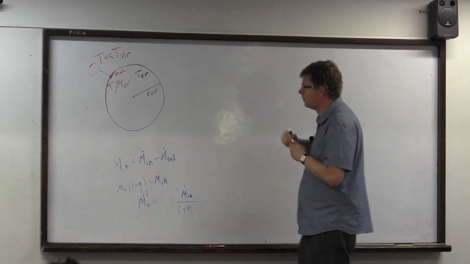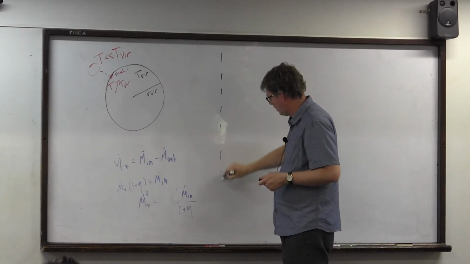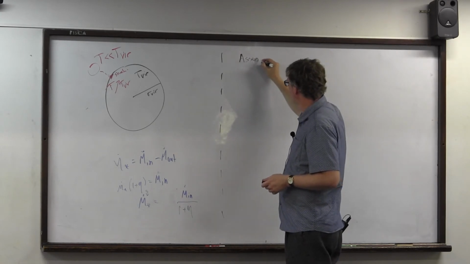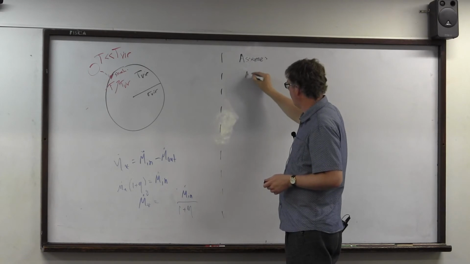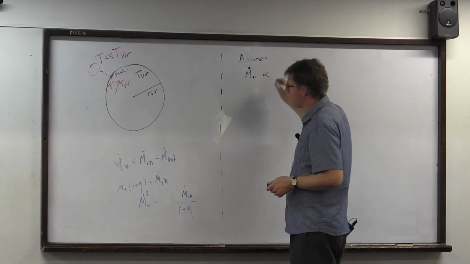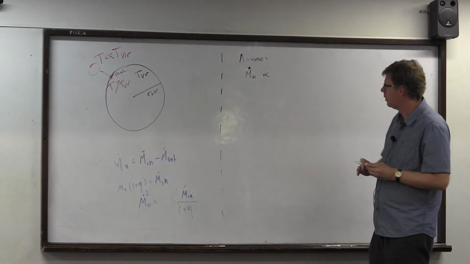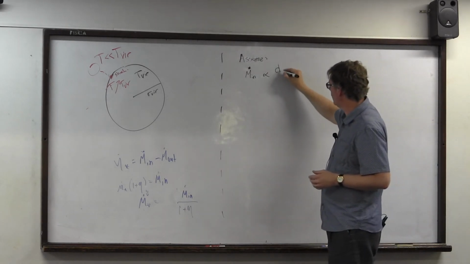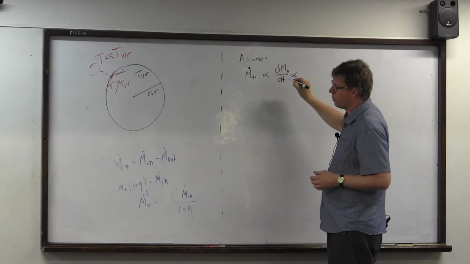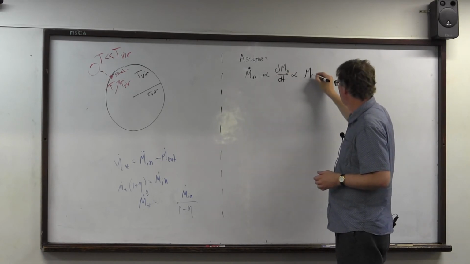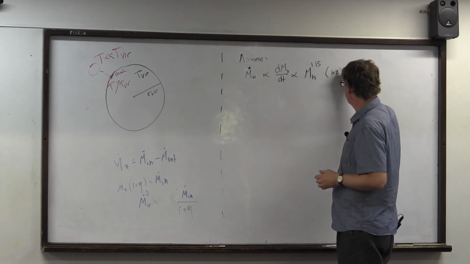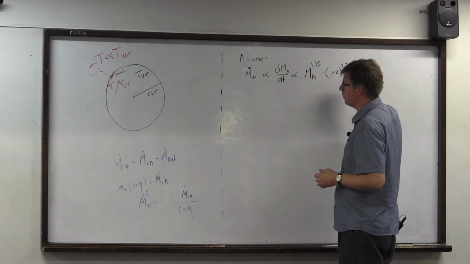So I'm going to assume that M infall is going to be proportional to dm dt, which is proportional to the halo mass to 1.15 times 1 plus z to 2.25.